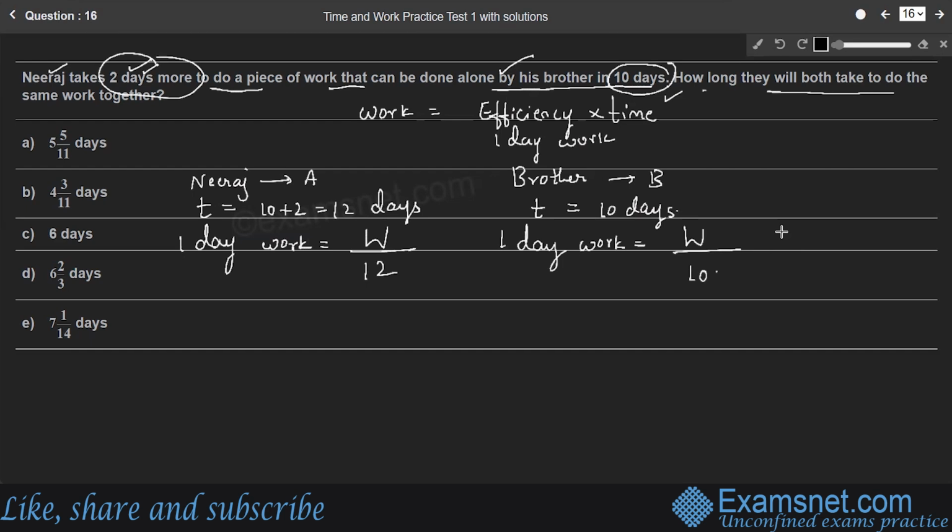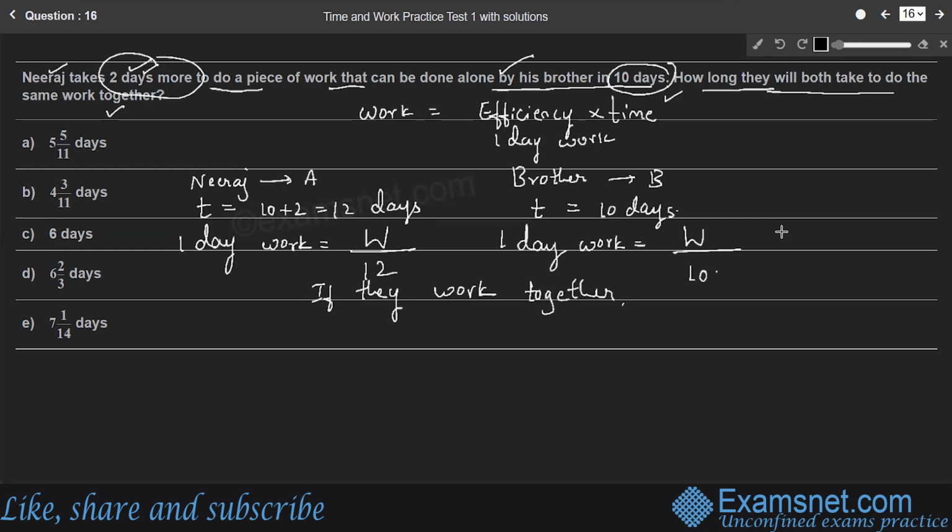Moving further, how long will they both take to do the same work together? So 1 day work of both Neeraj and his brother together. If they work together, how many days will they take to complete the same amount of work?